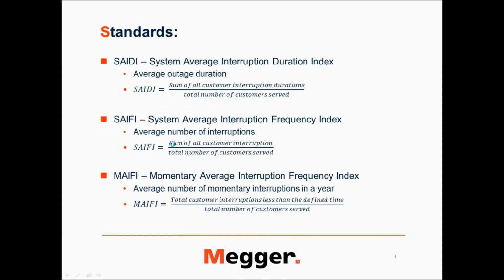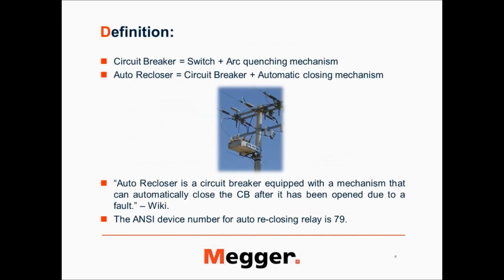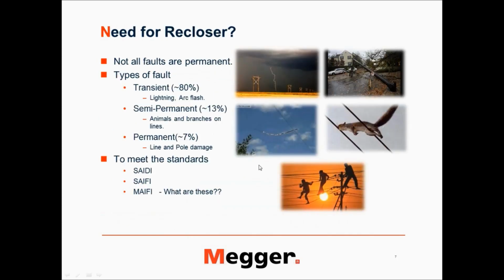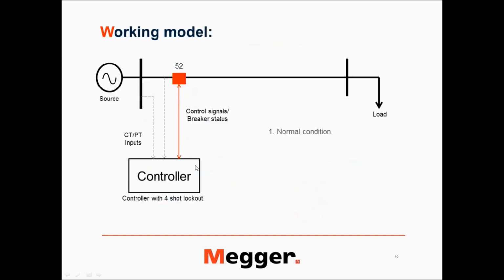So this is the auto reclosure on the system on the pole, and the controller will usually be at the base of that pole. That would be my circuit breaker or auto reclosure mechanism here, and all the CT/PT inputs are going into the controller.